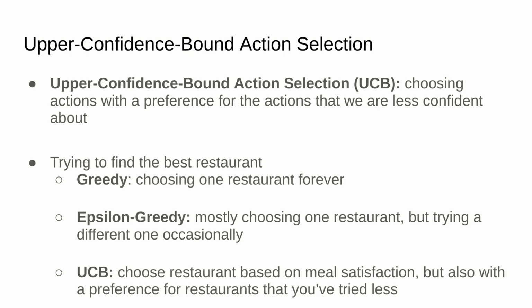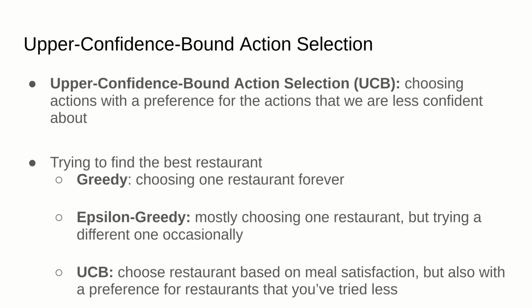Epsilon greedy action selection would be like acting similar to greedy action selection, except choosing to revisit one of the other restaurants occasionally. Maybe the first time you went to a restaurant, they didn't prepare the meal the best, but that's not how the quality is on average. That was just some bad run. But with epsilon greedy selection, you could discover this.